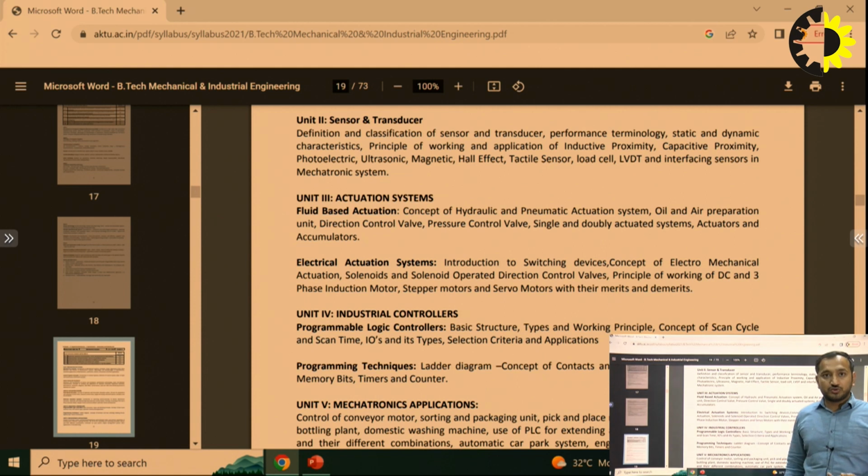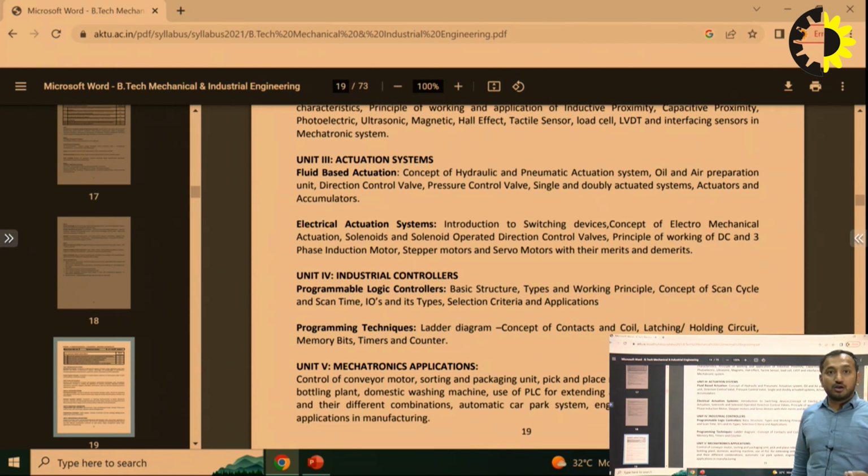Apart from these 2, there are also many other types of actuation. One type is mechanical actuation. Examples of mechanical actuation are gears, belts, pulleys, and yes, these are all examples of mechanical actuation systems.